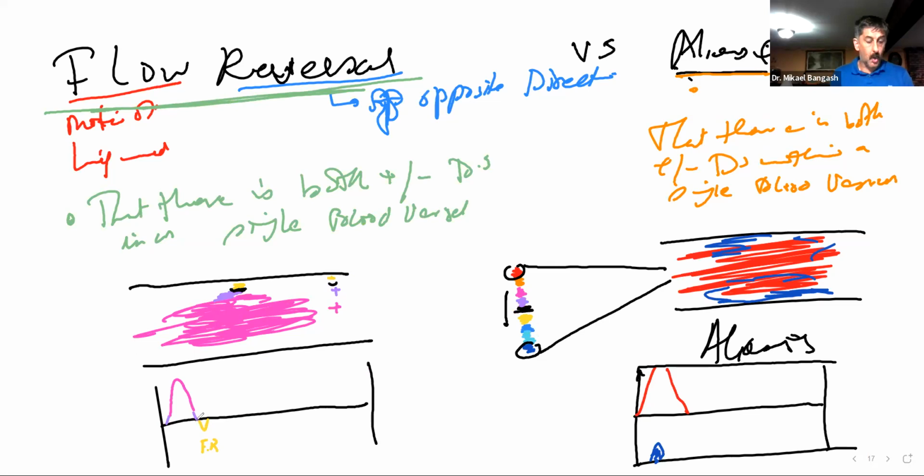Just a low velocity flow of the blood in the opposite direction. Now you can say, what if you had a negative Doppler shift? You could have had a negative Doppler shift.